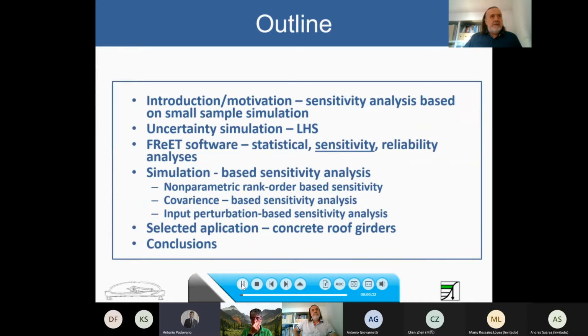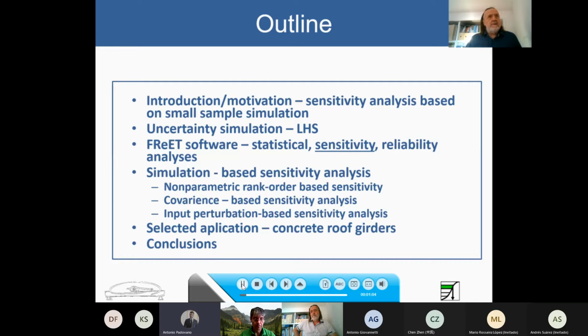So, the outline of my presentation: first I will explain some motivation for sensitivity analysis based on small sample simulation. For that, I need to explain uncertainty simulation based on Latin Hypercube sampling. This technique has been implemented in free software where statistical sensitivity and reliability analysis are implemented.